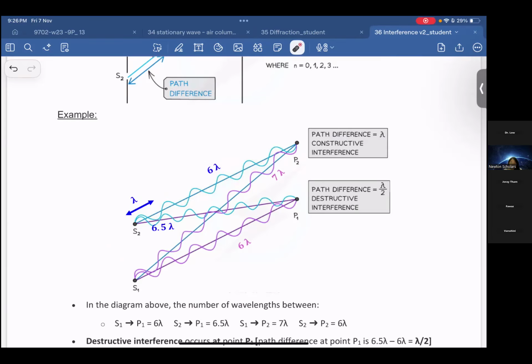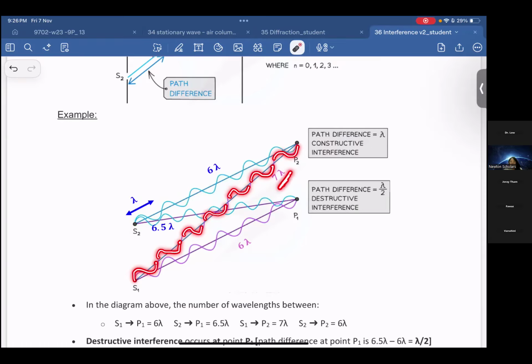Now we look at the purple color, S1. Just now was S2 travelling to P2. Now I want to know, when these two meet each other at P2, will we get constructive or destructive interference? So we look at this purple color. 1, 2, 3, 4, 5, 6, 7.